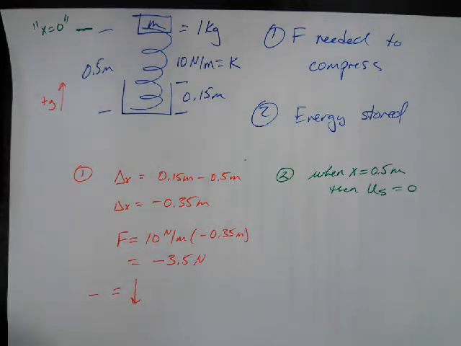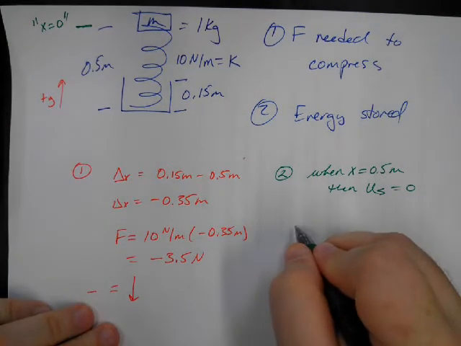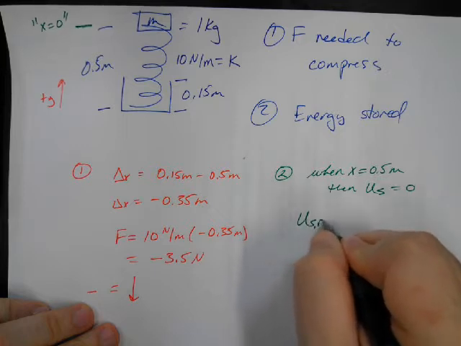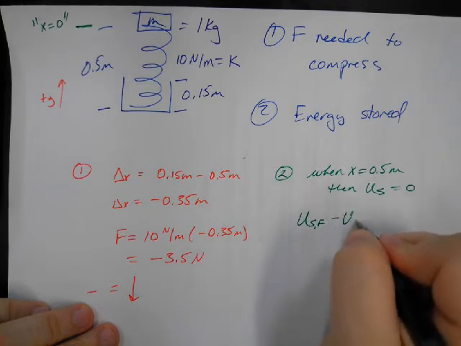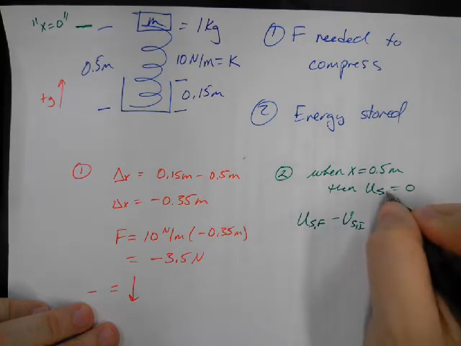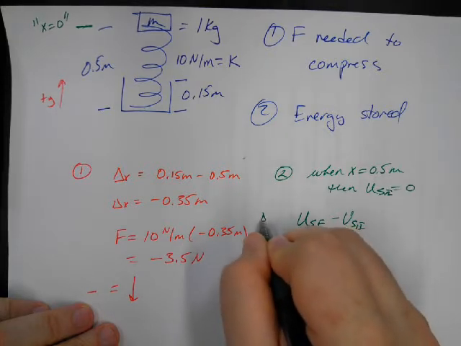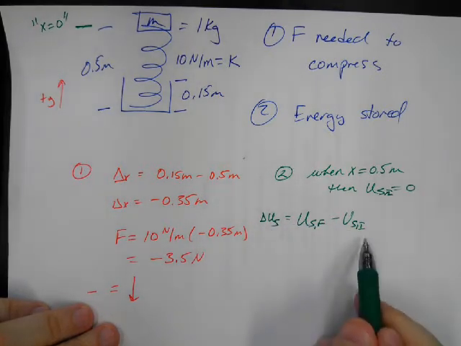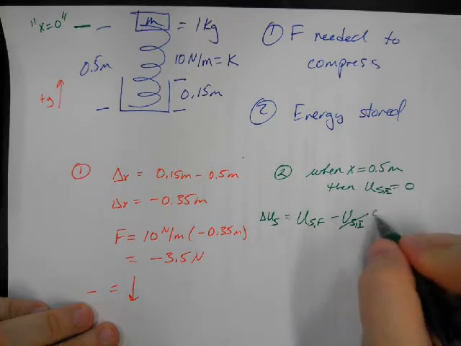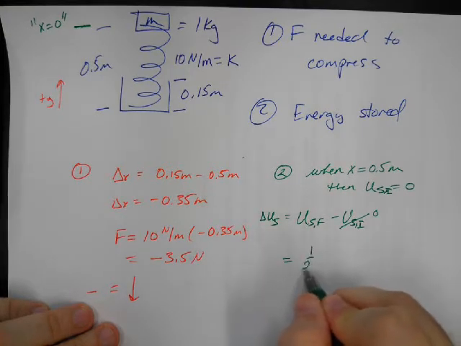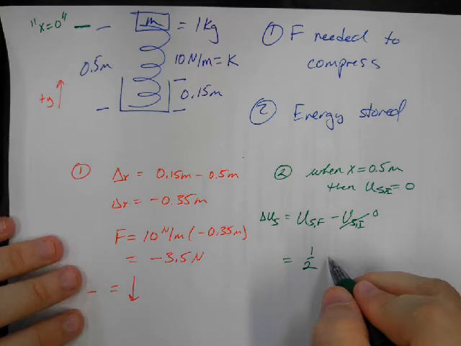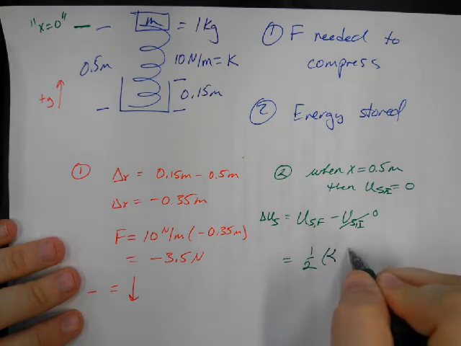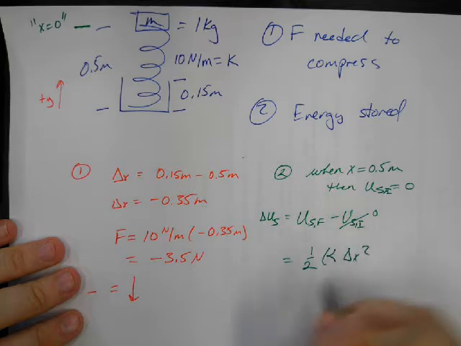So when it's compressed, our energy, I'll call this U initial. We're trying to find the change in the elastic energy. It is final minus initial, but this term is 0, and so it's going to be 1/2 times our k times delta x squared.